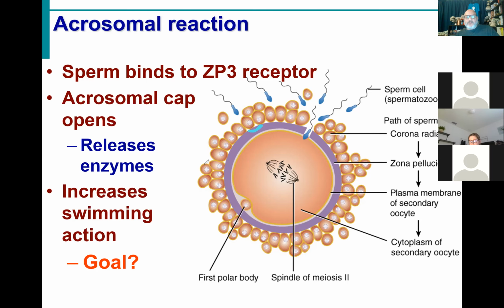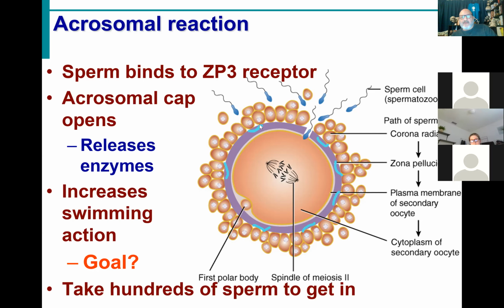And obviously, with hundreds of sperm, this is going to be happening in hundreds of different locations, or at least dozens of different locations around the surface of the egg. Until eventually, enough of them working together penetrate the defenses.